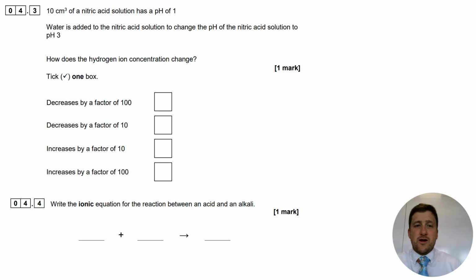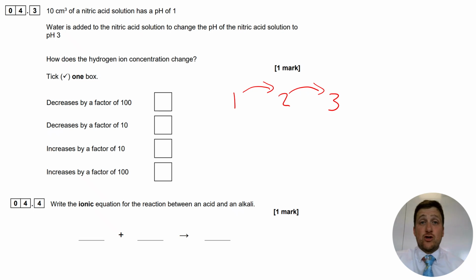Okay, so we have one about pH. Again, the previous sub-questions were about acids and alkalis. This is about pH. We have pH 1, and it's going to 2, and then the pH is going to 3. The pH is increasing, but what you need to remember is they're not asking about pH, they're asking about hydrogen ion concentration.